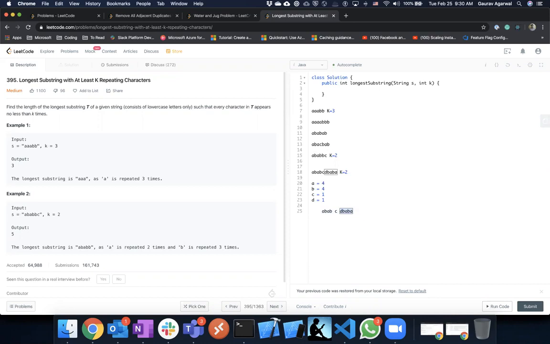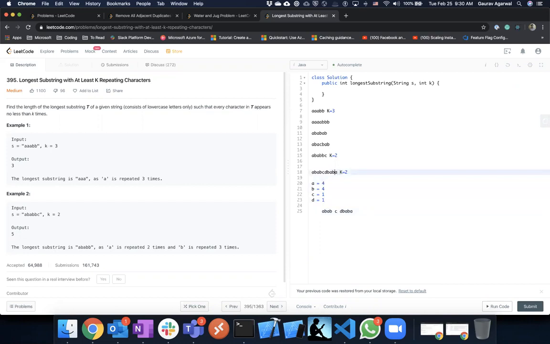Now we divided our problem into 2 similar subproblems, right? And recursively we do the same thing to the left string and the right string. Yes, we will do that.